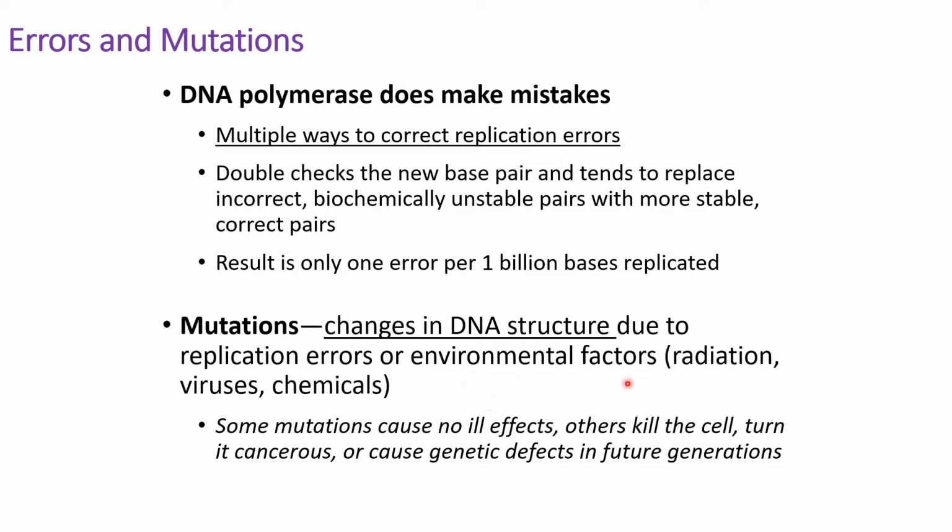All right, it could be environmental factors like radiation. Viruses can cause mutations. Certain chemicals can cause mutations. Or maybe DNA polymerase or the other enzymes at our checkpoints didn't fix the error. All right, so there are several ways that you can get a mutation.